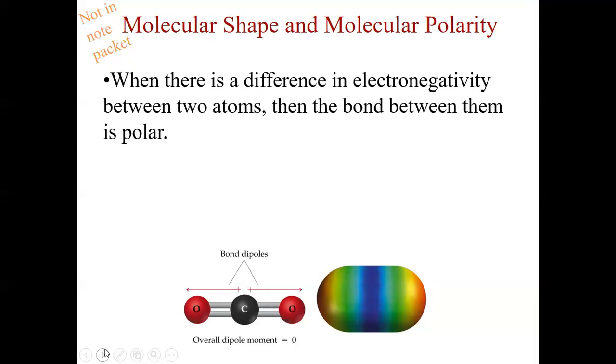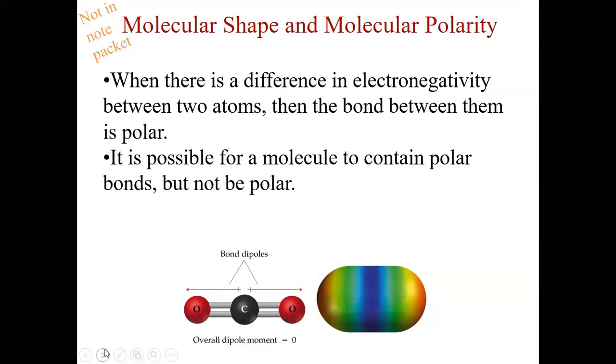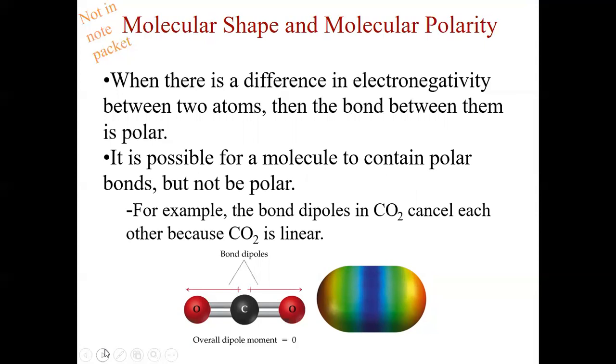When there is a difference in electronegativity between 2 atoms, the bond between them is polar. We've talked about that previously, looking at the location of the elements on the periodic table and thinking about the electronegativity difference between the atoms. It is possible for a molecule to contain polar bonds but not be polar. For example, in CO2, each of these is a polar bond.